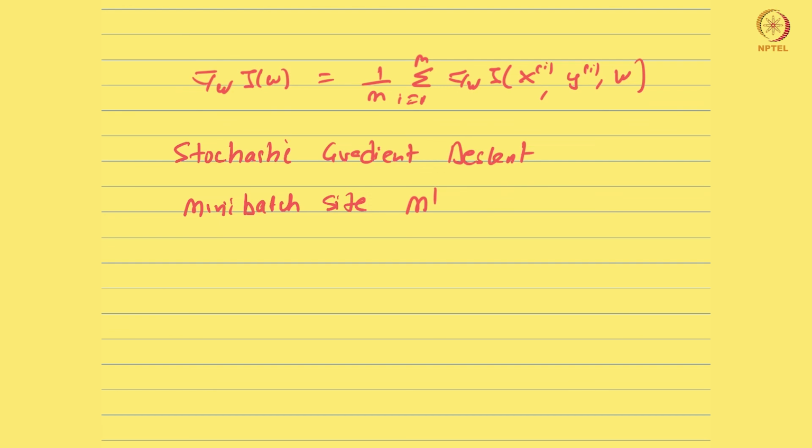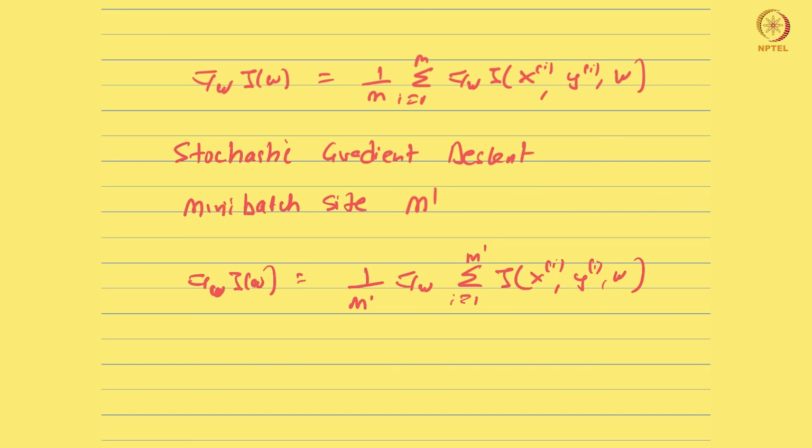The gradient estimate is then 1 over M prime, some small number, times the sum from i equals 1 to M prime of the gradient with respect to W of your loss function J for individual data points.